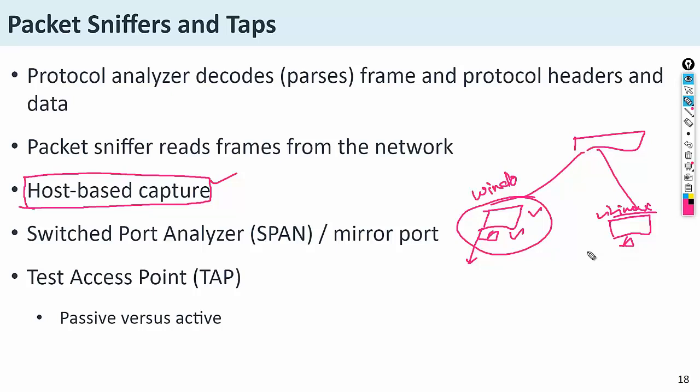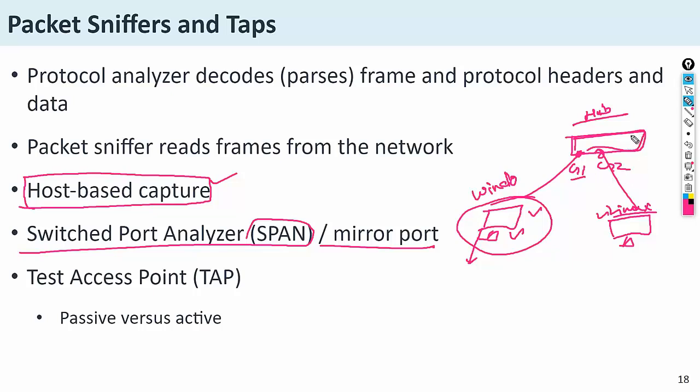But there is another mechanism or method, called a switch port analyzer or mirror port. All of you know about the hub. A hub is broadcasting the data. But here there are two ports, one is G1, another is G2. Actually this is not gate 1, this is the gigabit port. Gigabit 1 and gigabit 2.